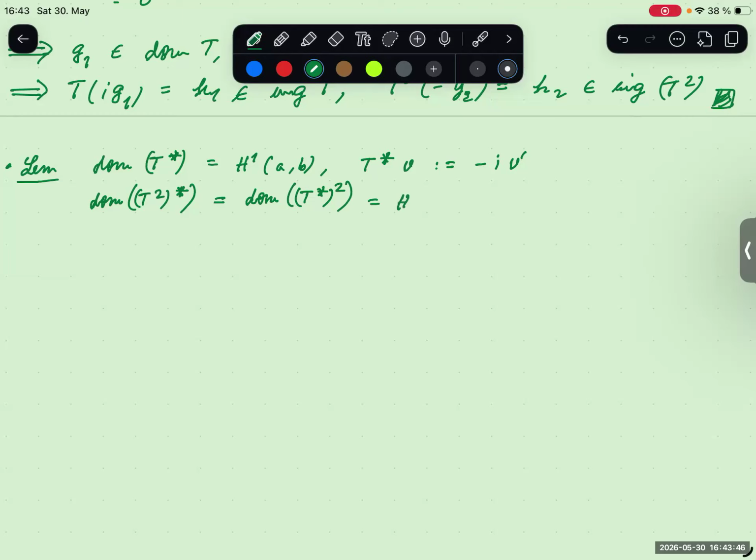And this is given by H2AB. How is this defined? T square star V is minus the double derivative.